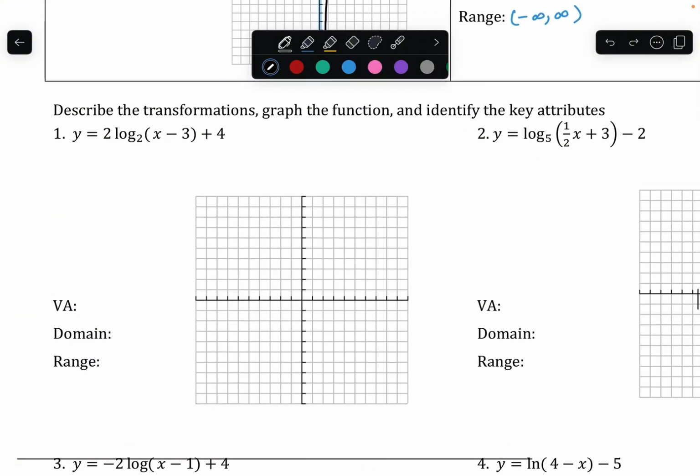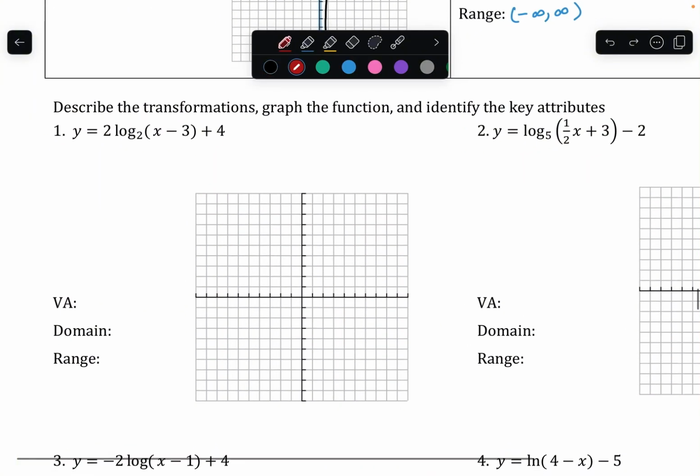Okay, and so starting with this first example, this is log base 2. And then to identify the transformations, I have a vertical stretch by 2. I have a right 3.